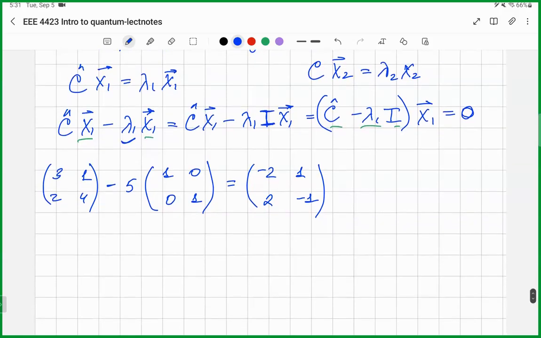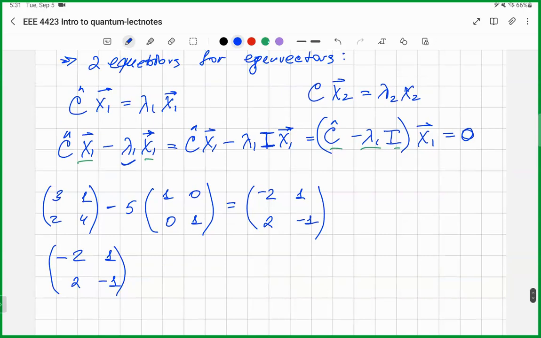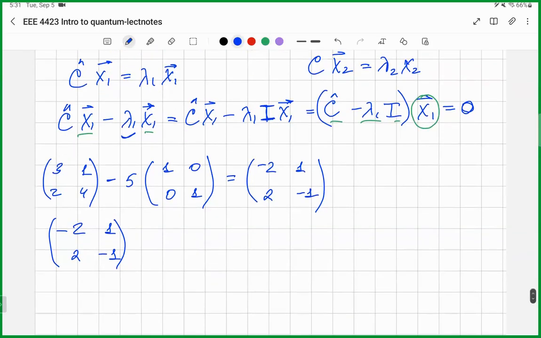And this matrix is multiplied by the vector x1 with components x1a and x1b, right? We have two components for the first vector, and it is equal to 0.